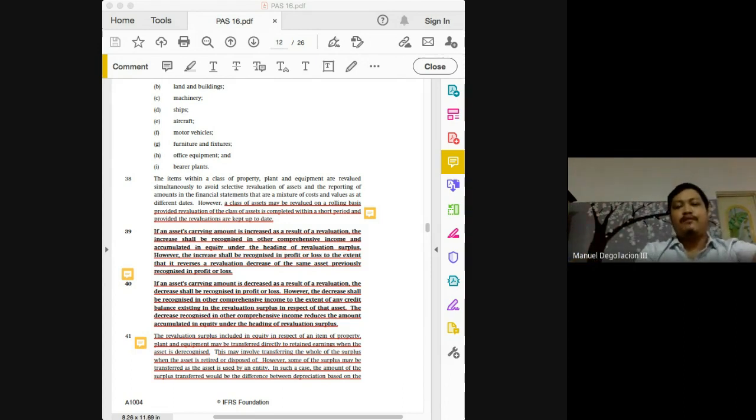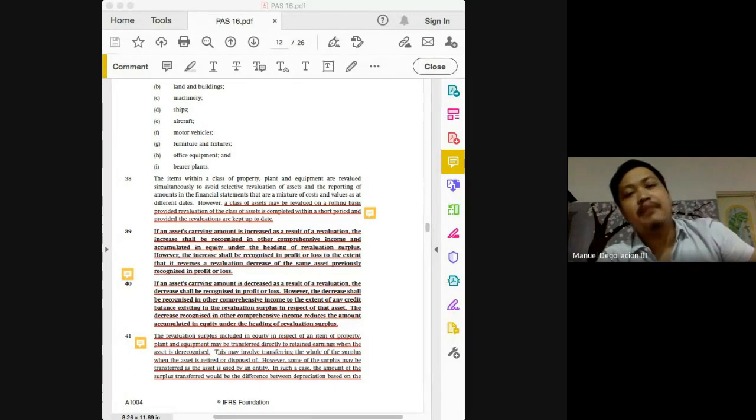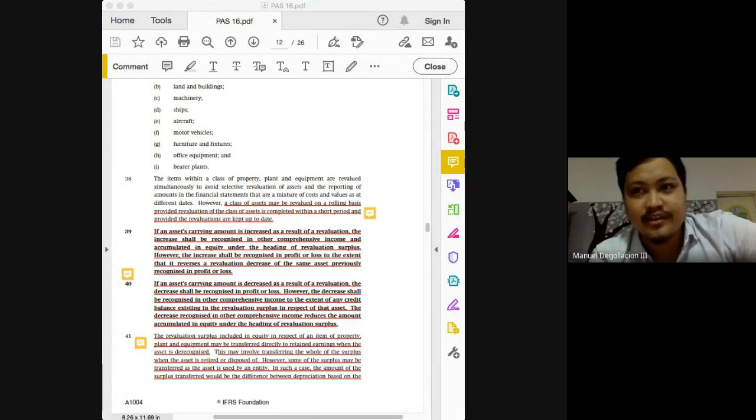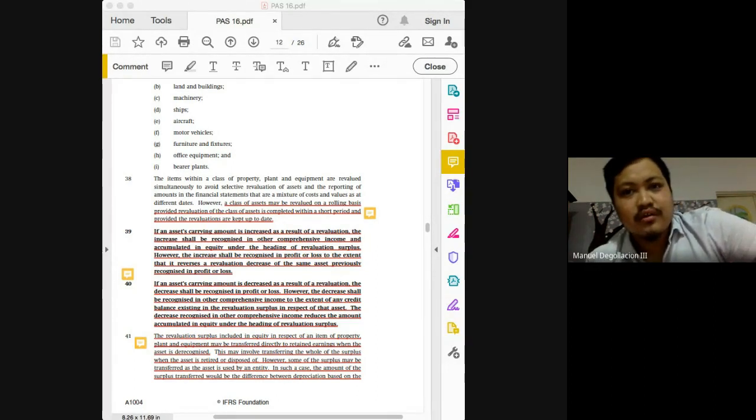So if during the first revaluation, class, there is an impairment loss of 300,000. And then the second revaluation, the carrying amount is to be increased by 200,000.